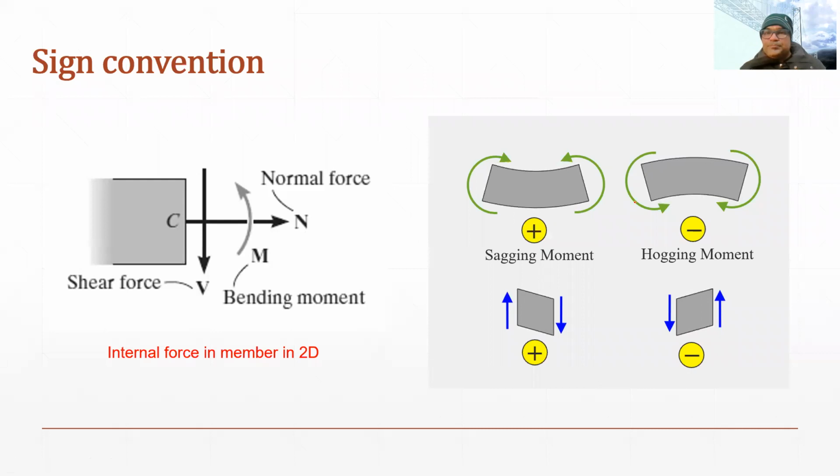So here, in case of bending moment, if I make the section, in case of positive bending moment, now we are taking the right hand side portion. So in the right hand side portion, the moment which is anti-clockwise will be taken as positive, and the moment which is clockwise will be taken as negative, because we are considering the right hand side portion of the beam.